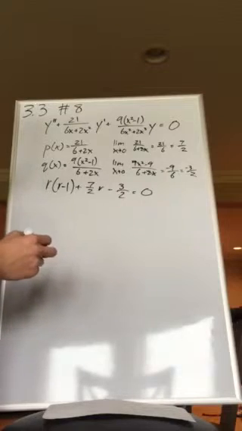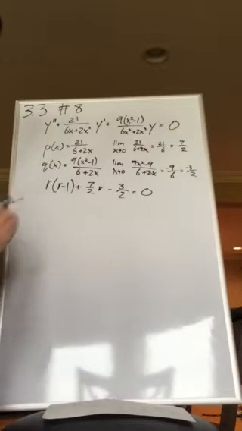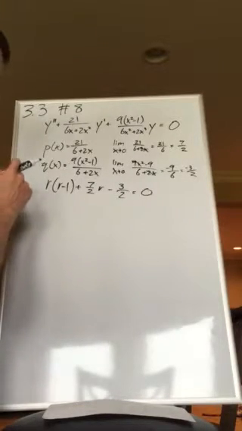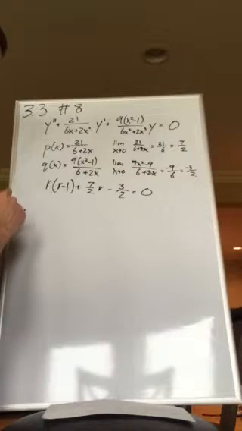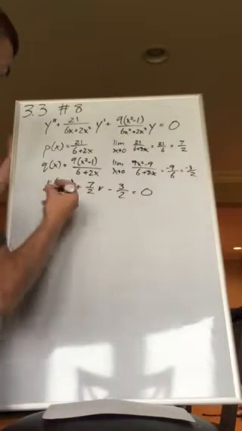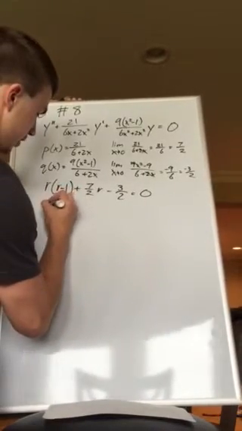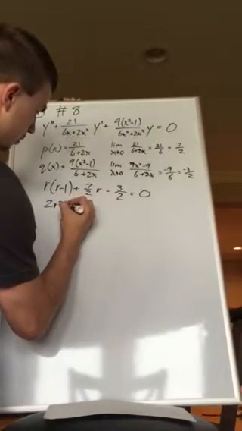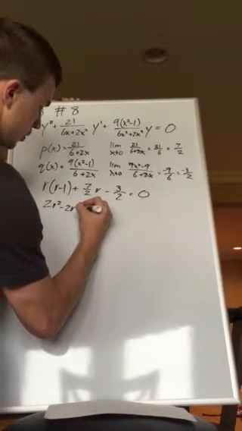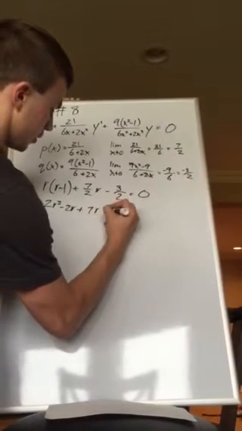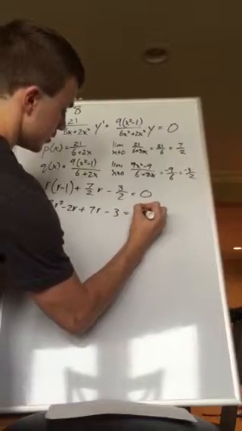Well, there's a lot of ways you probably can approach this. The way I'm going to approach it is multiplying this equation by 2 and then distributing this r into here. So in the next one, we're going to see that this is going to indeed be 2r squared minus 2r plus 7r minus 3, and that's going to equal 0.